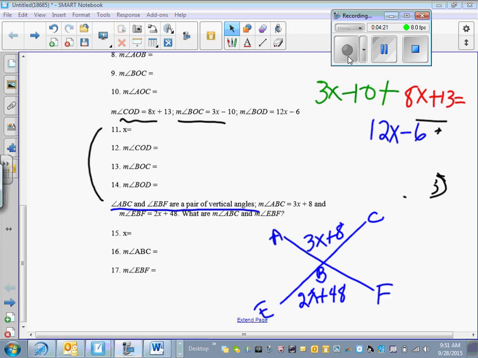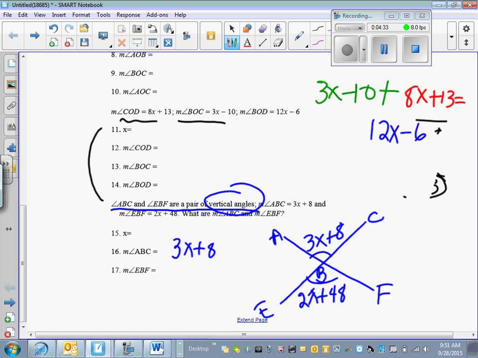All right, so this is going to be 3x plus 8, 2x plus 48. Knowing that they are vertical angles, you know they have to be congruent to each other. So to set this problem up, you just do 3x plus 8 equals 2x plus 48. Okay, then you just solve it.